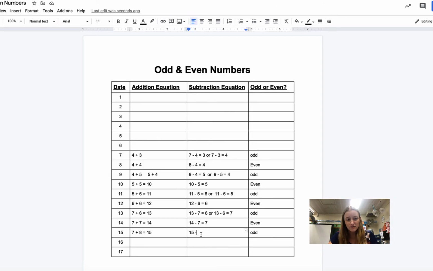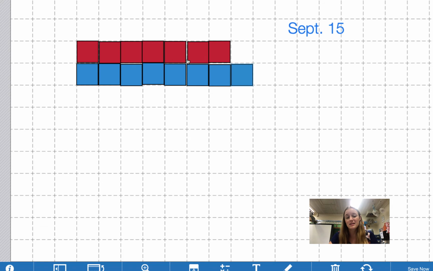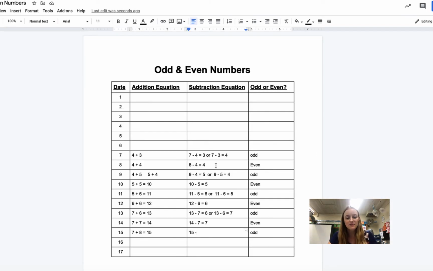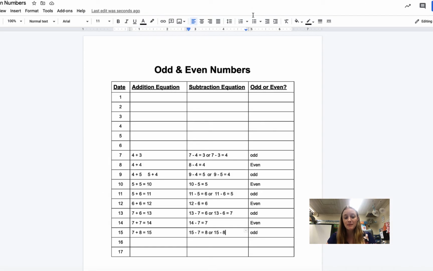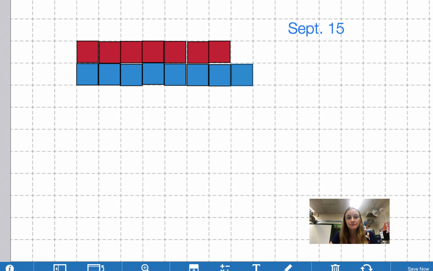Now, if I took 15 minus the red number, I could do the blue number, but I'm going to pick red today. 15 minus 7 would get you 8, which is the blue markers. Or I could have done 15 minus the blue markers, which would be 1, 2, 3, 4, 5, 6, 7, 8. So 15 minus 8 would equal the 7 red markers that are left. Okay, so that's it for odd and even.